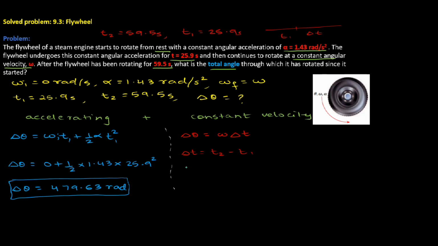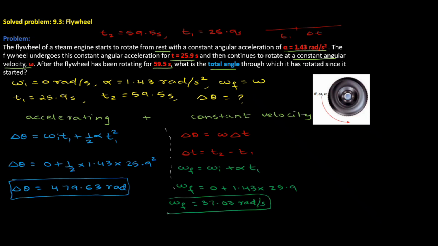I need to first calculate what is omega, then I can substitute the value here to calculate the displacement. Omega we can find by using the first equation of motion, which says omega final equals omega initial plus alpha t. Here t is the time for which it is accelerating, so I will write t1. So omega final will be equal to 0 plus 1.43 times t1, which is 25.9. And when you multiply the two together, you get omega final as 37.03 radian per second.